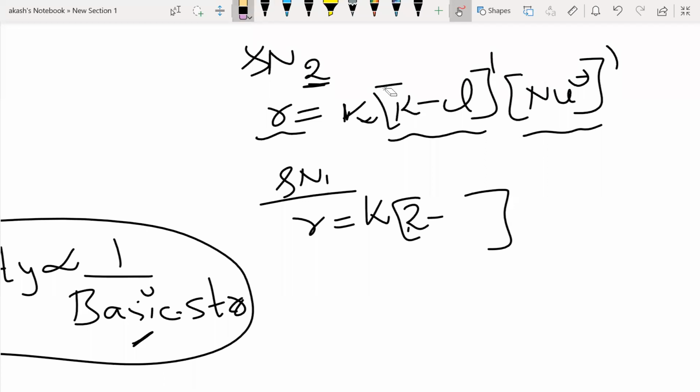So basically, what I'm trying to tell you is that in case of an SN1 reaction, the nucleophile's concentration or the properties of the nucleophile doesn't matter. But in SN2, yes, it matters, because in SN2 the concentration of the nucleophile is included in the rate law. That means it affects the rate of the reaction.